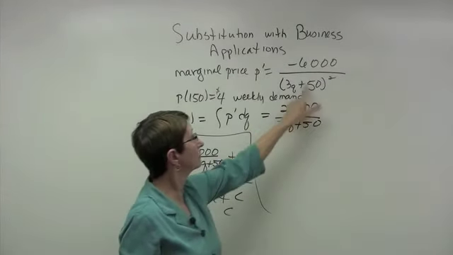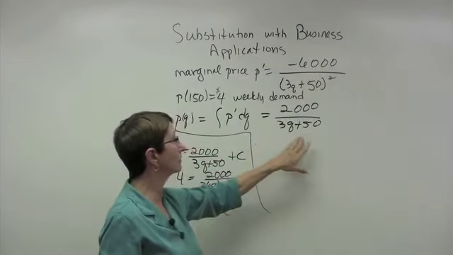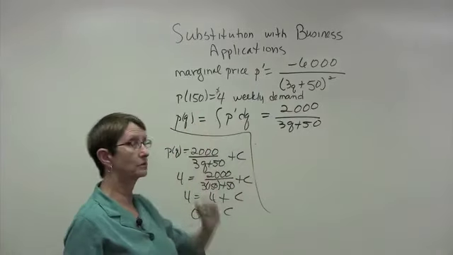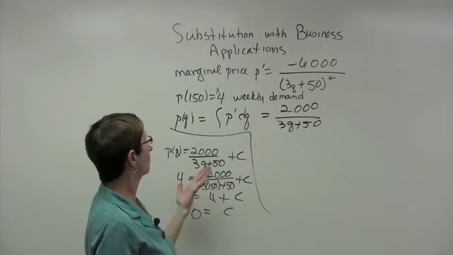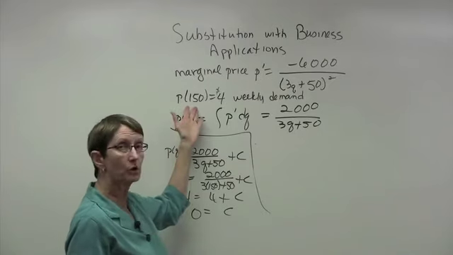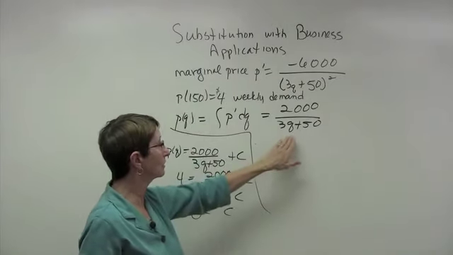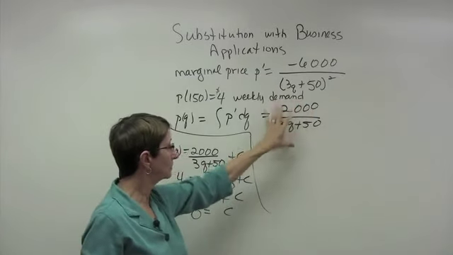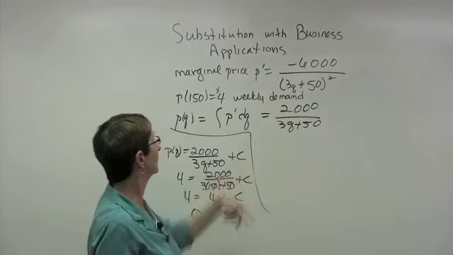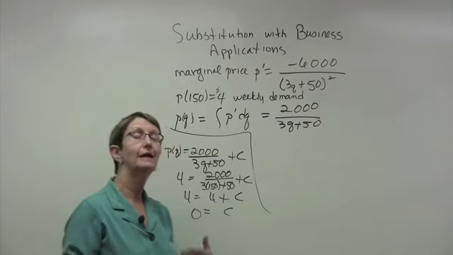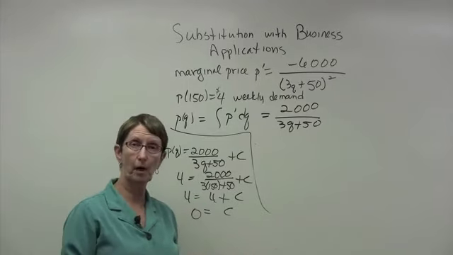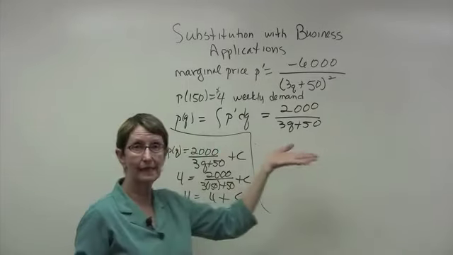So the antiderivative of this is 2,000 over 3q plus 50. That is our demand equation. If you have a quantity you want to find out, 200, you'd plug in 200 here, do the multiplication, addition, division, and that would tell you how much you need to charge when you're selling 200 of your bottles of shampoo instead of 150.